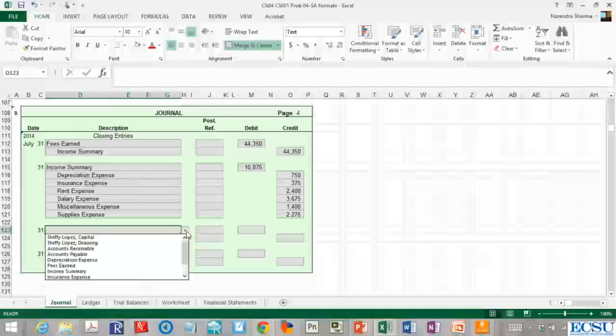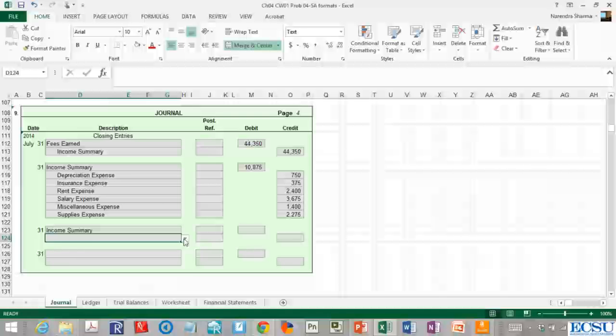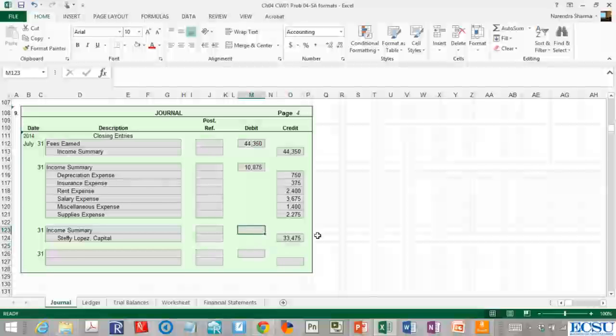So that's why I'll be debiting income summary and crediting the capital. Another way of looking at it is whenever there is a net income, capital will be credited to increase it. Here we know that we calculated our net income of 33,475, and that is your number 3.